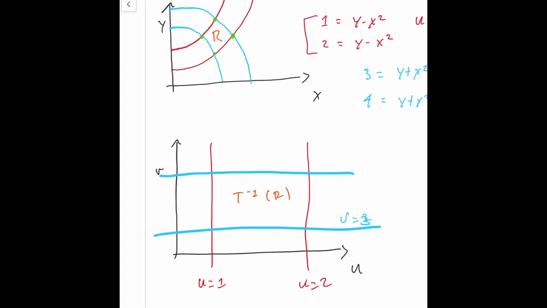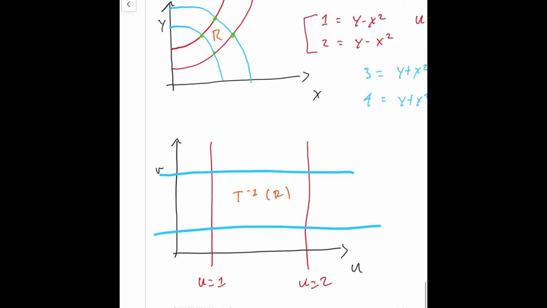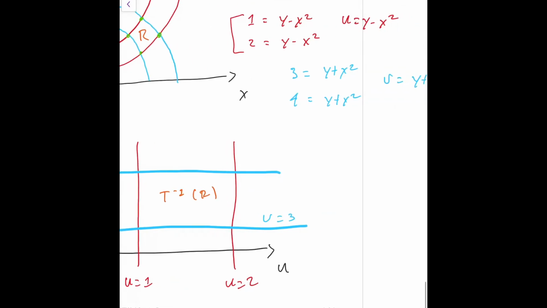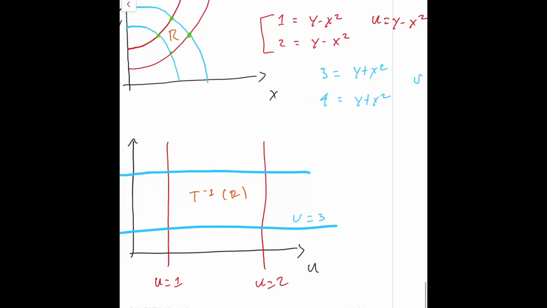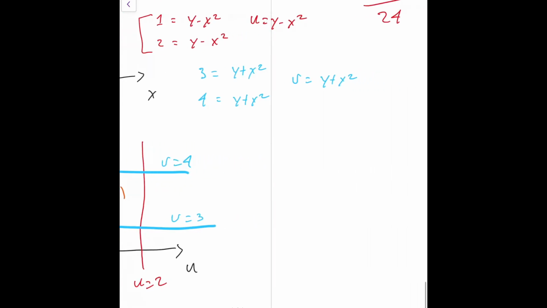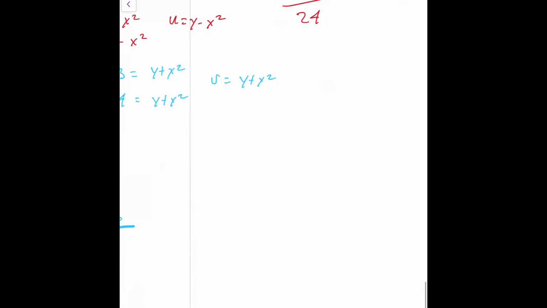And then the line 4 equals y plus x squared, or y is equal to 4 minus x squared, is the line v is equal to 4. Okay, so u is equal to y minus x squared, and v is equal to y plus x squared.